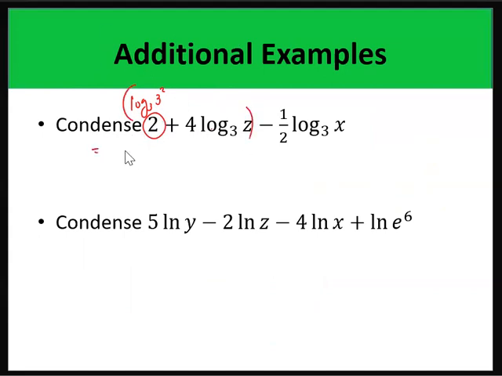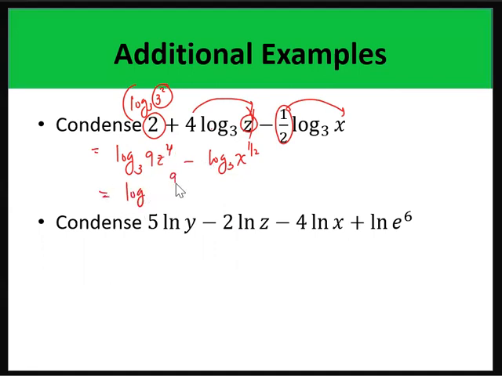The first two logarithms can be written as the logarithm of 9 times z to the fourth, because this one is z to the fourth. So 9z to the fourth to the base 3, minus this 1/2 here, which can be written as an exponent of x. So that's going to be the logarithm of x to the 1/2 to the base 3. And these two logarithms can be simplified as the logarithm of 9z to the fourth over the square root of x to the base 3.